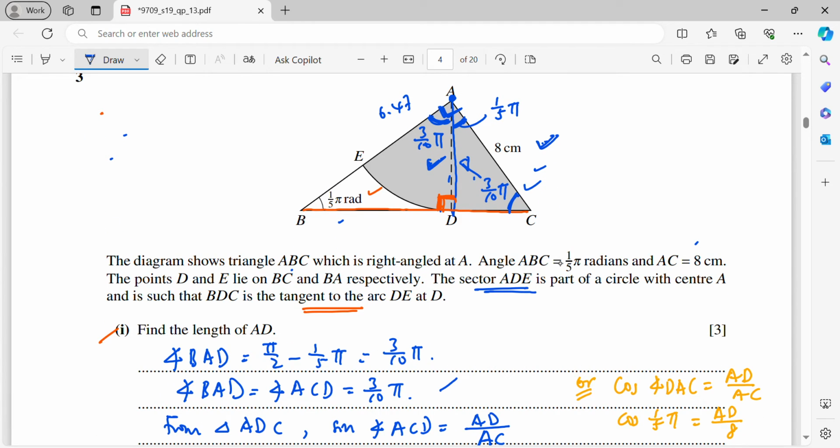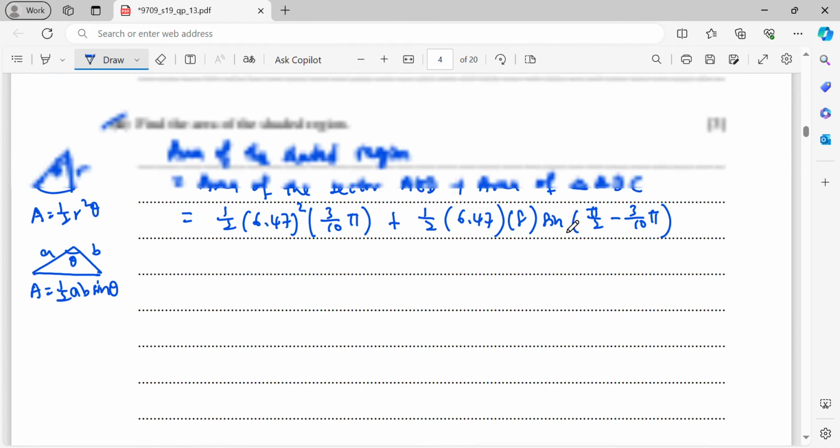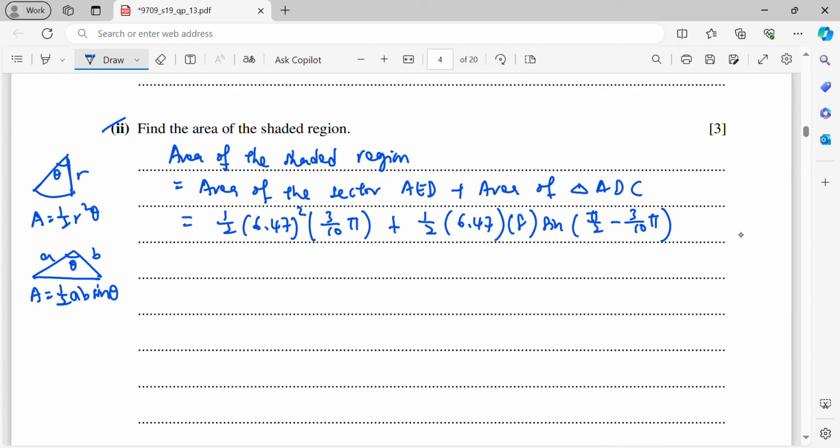Alright, so basically this angle is 1 over 5 pi. So then from here, you will be getting the first value as 19.726. Then the second value is going to be 15.212. So then you will be getting 34.9. That's the area of the shaded region.